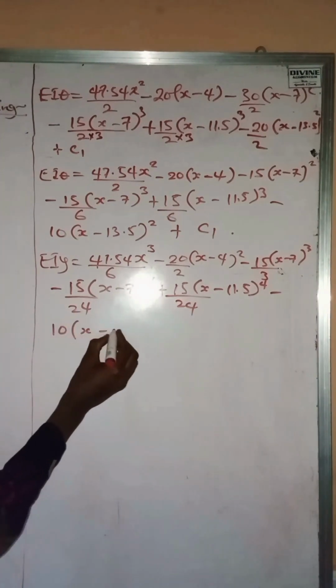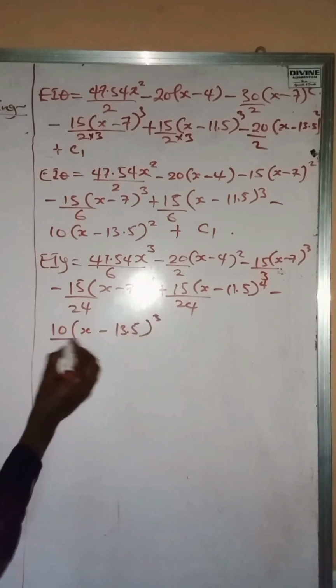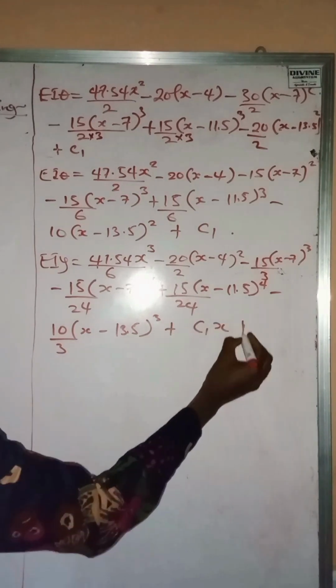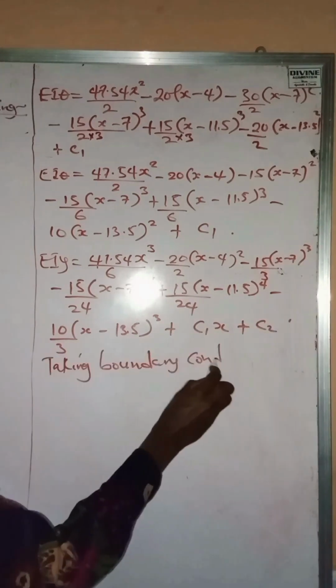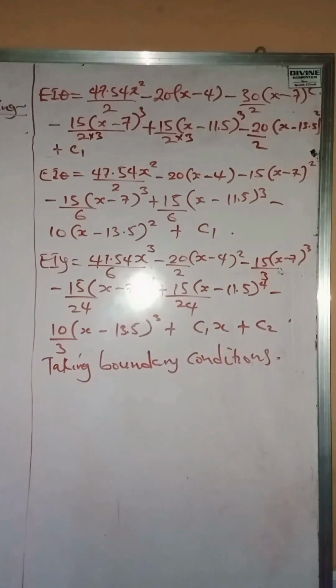Then we'll have plus 15 over 24 bracket x minus 11.5 raised to the power 4, then minus 10 bracket x minus 13.5 raised to the power 3 over 3, plus c1 x plus c2.